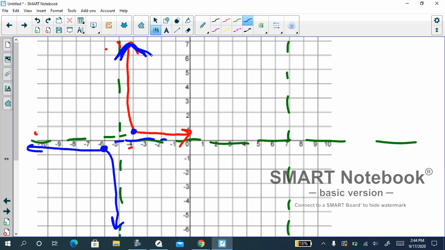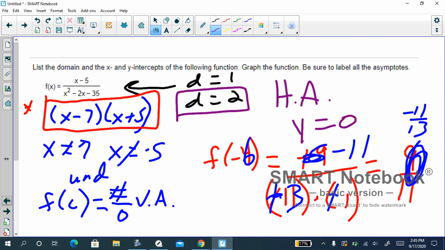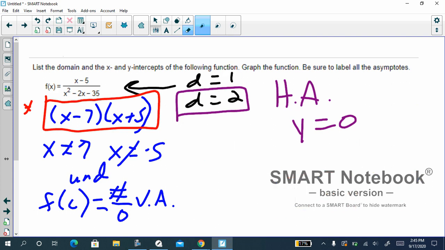Now we have to test this other one. So if we test to the left, let's try a 6. If we plug in a +6, let's see what we get. Maybe I won't mess the signs up here.